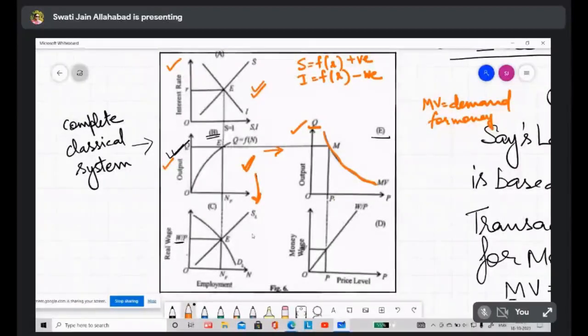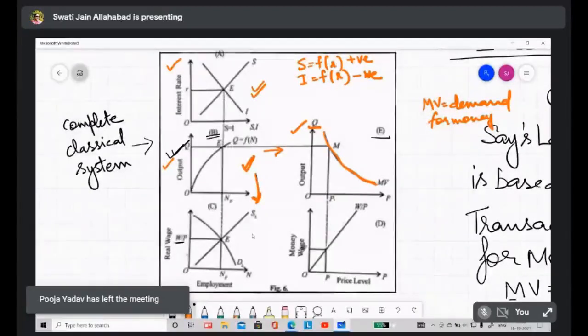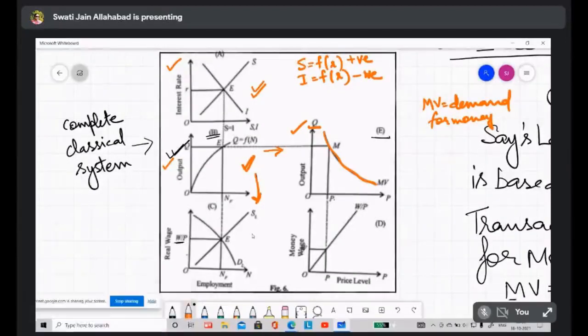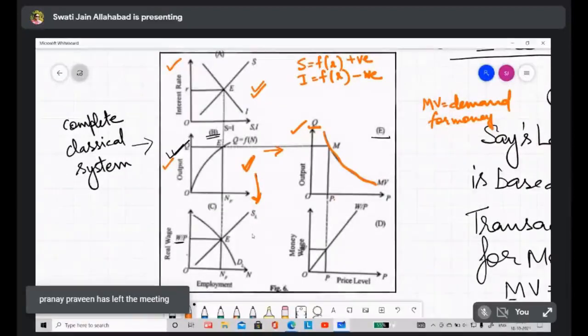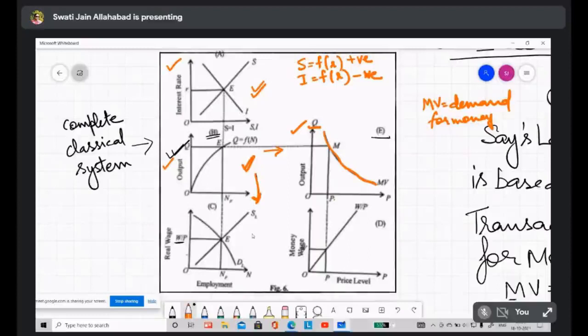Okay, I want you all to pay attention to the idea of variables remaining active or behaving passively in the system. In the classical system, some variables play a more active role, like the level of output and labor market equilibrium.